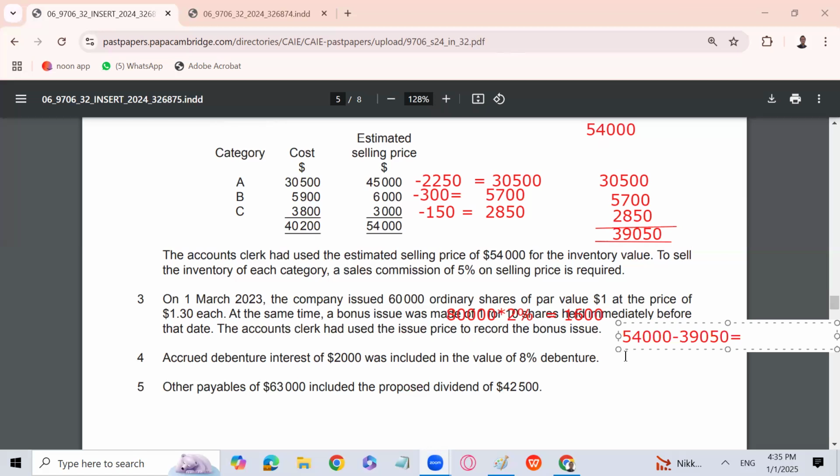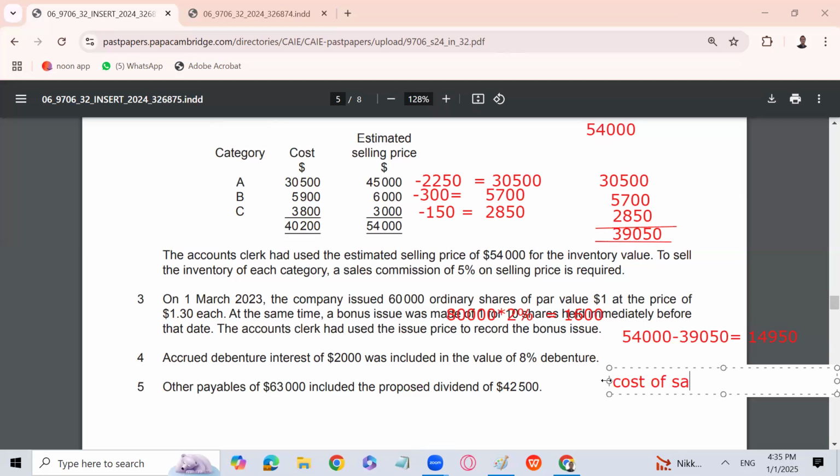And there is going to be an entry for that 14,950. What will that be? Cost of sales is going to be debited with 14,950. It means that we have to subtract it from the profit, and closing inventory is going to be credited with 14,950. So it will be subtracted from the closing inventory also.